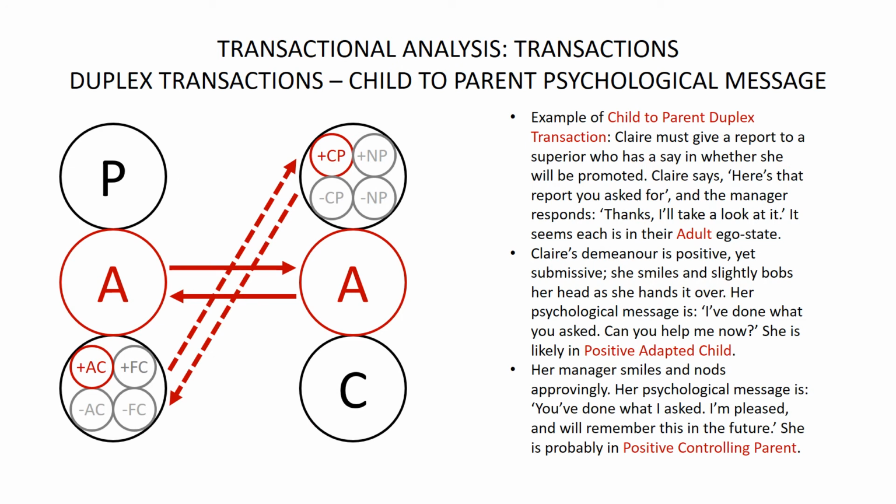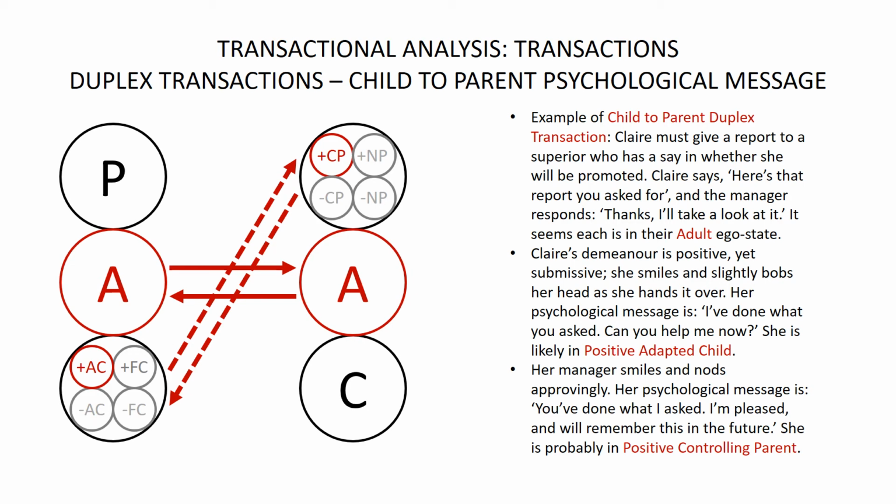An example of a duplex transaction with a child-to-parent psychological message is when Claire must give a report she has prepared to a superior. This superior has a say in whether she will be next in line for promotion. Claire says, "Here's that report you asked for," and the manager responds, "Thanks, I'll take a look at it." Based on their words, each participant is apparently in their adult ego state.